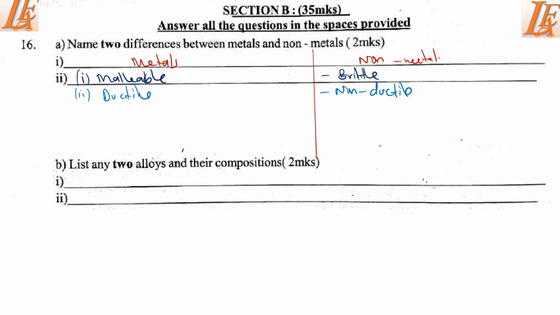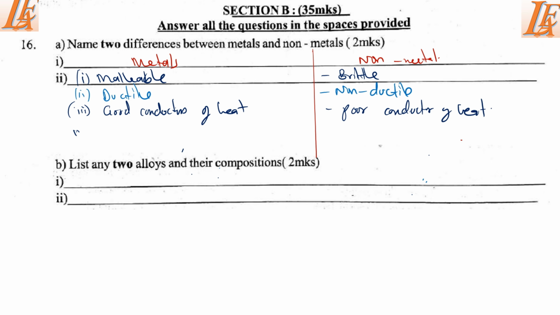Then another difference, number 3, is that metals are good conductors of heat, while non-metals are poor conductors of heat.